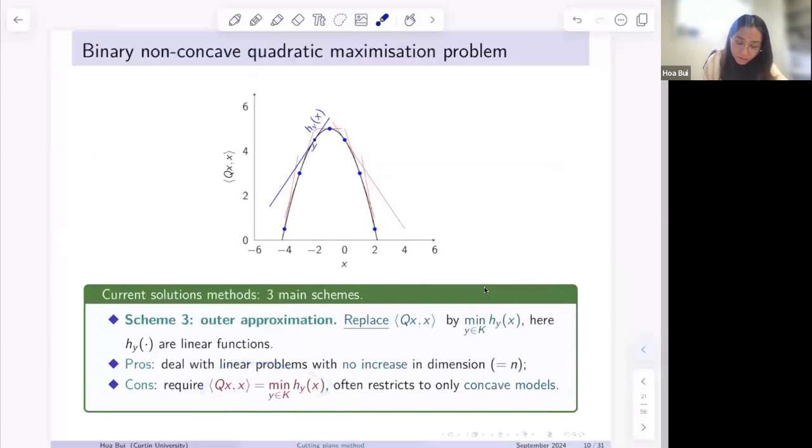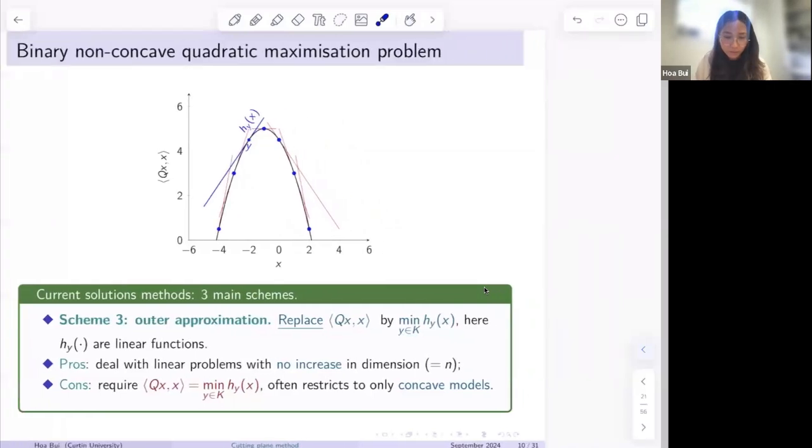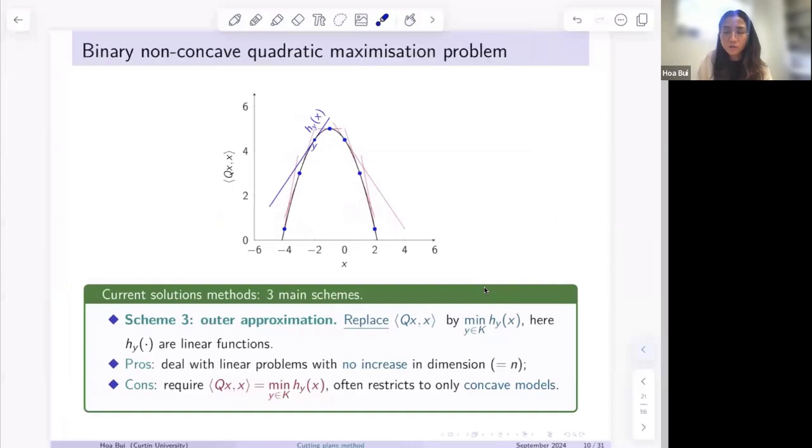We want the nonlinear function to be approximated by a collection of linear functions, which restricts us to concave models only: if you want to approximate the function everywhere, then the function must be concave. But before we explore how this can apply to non-concave problems like the diversity problem and beyond, let's see how it works first.